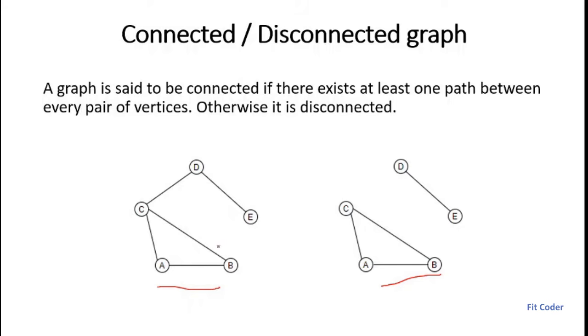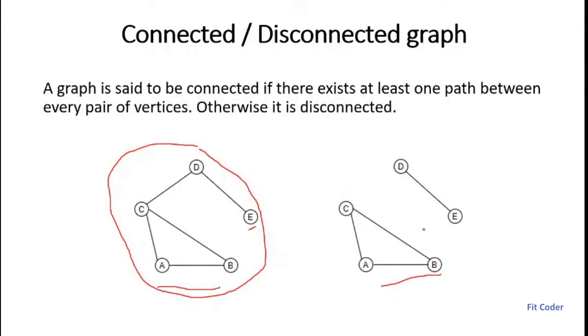If you are at point A and you want to reach point E, there exists a path: you can go from A to C, C to D, and D to E. Similarly, from B to D, you can go from B to C and C to D. So this graph is known as a connected graph because from any point you can reach any other point. There exists at least one path.